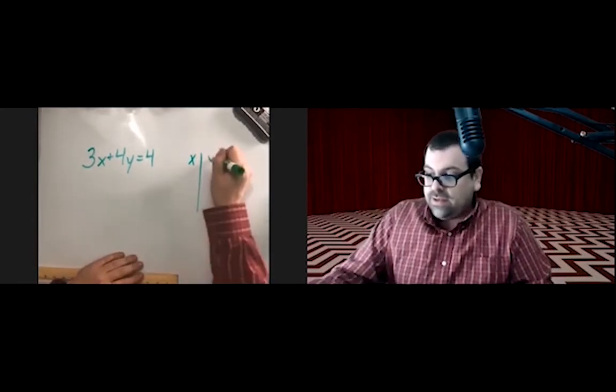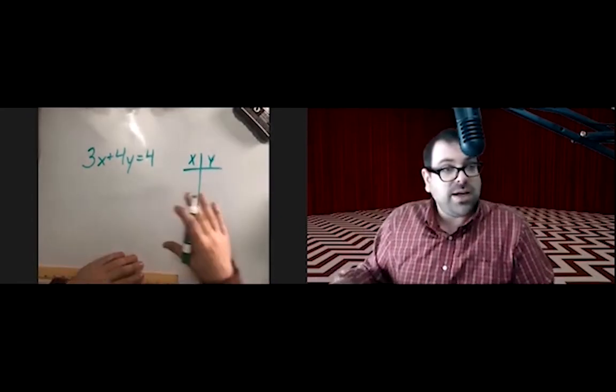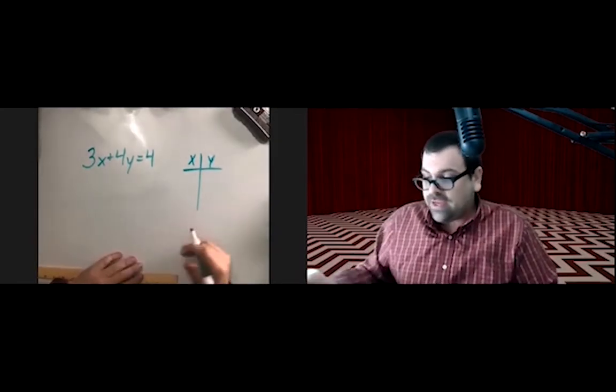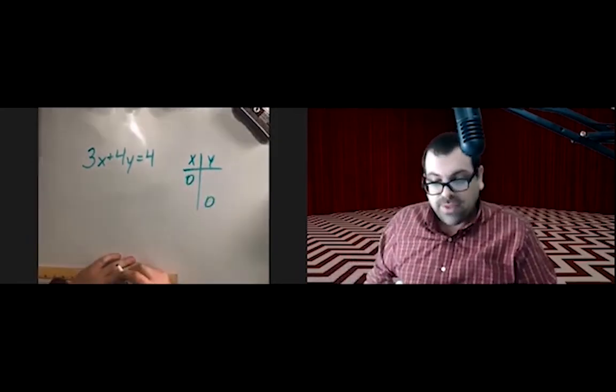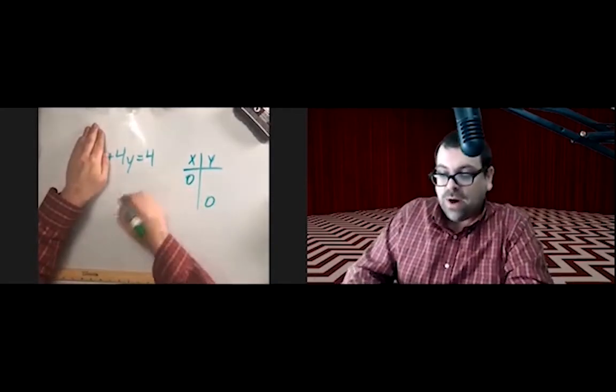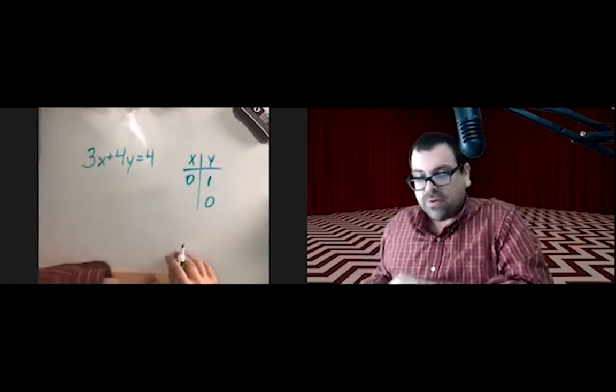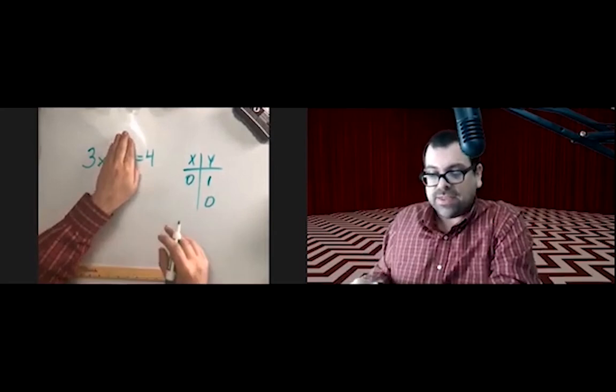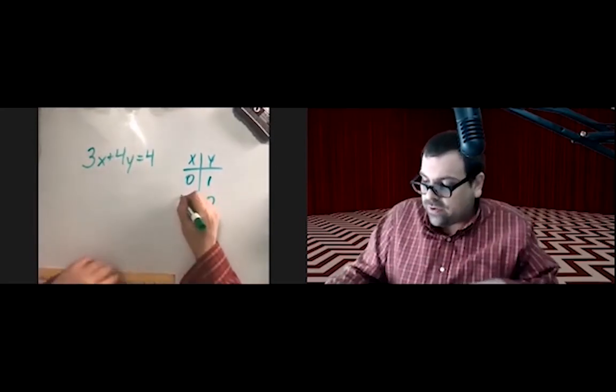if I did do just plain old ax plus by equals c graphing, I can plot the intercepts. Plug 0 in for x, 4y equals 4, so y is 1. Plug 0 in for y, 3x equals 4, so x is 4/3.